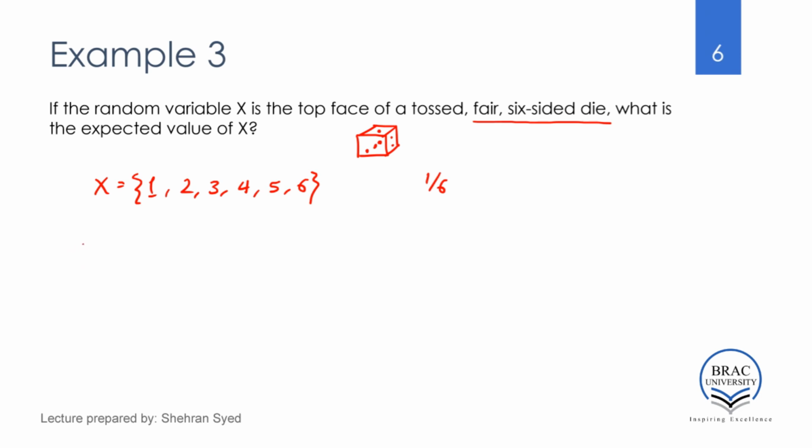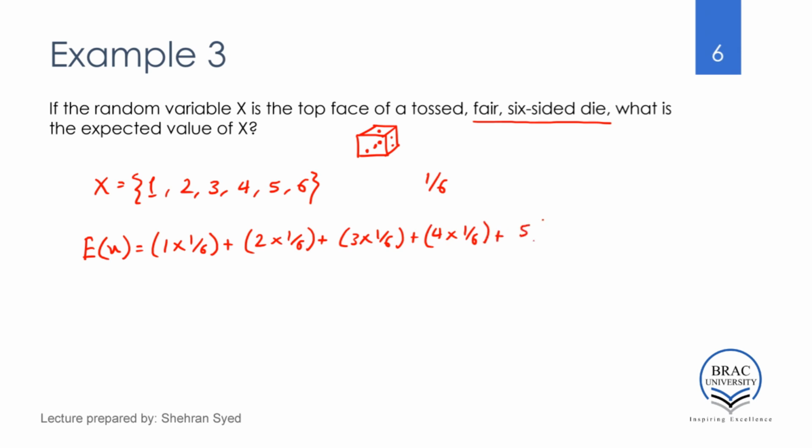Let's figure it out. The expected value of x would be equal to 1 times 1 over 6 plus 2 times 1 over 6 plus 3 times 1 over 6 plus 4 times 1 over 6 plus 5 times 1 over 6 plus 6 times 1 over 6.